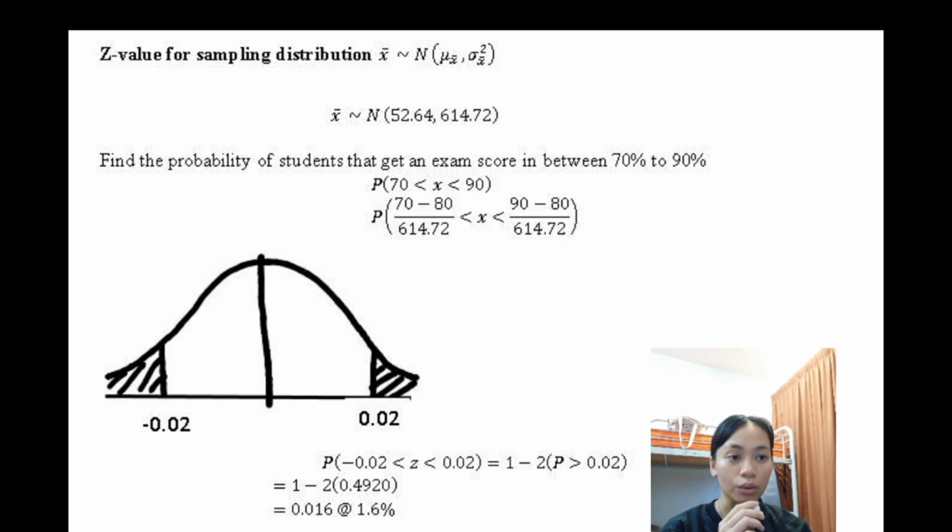From this, I can conclude that there is 1.6% of students that get an exam score in between 70 to 90. That's all from me. Thank you.